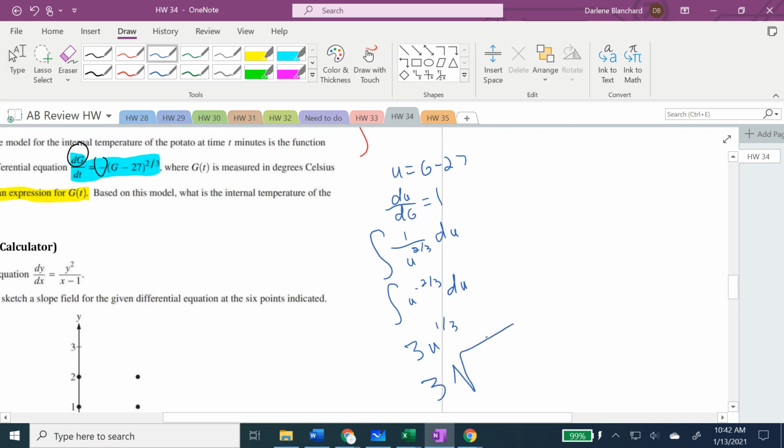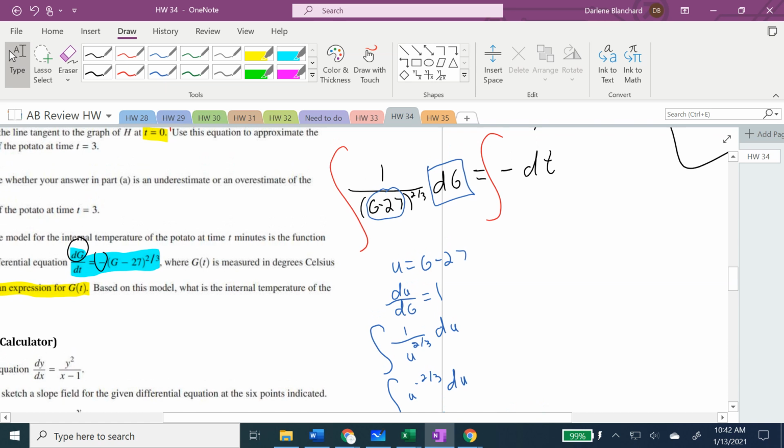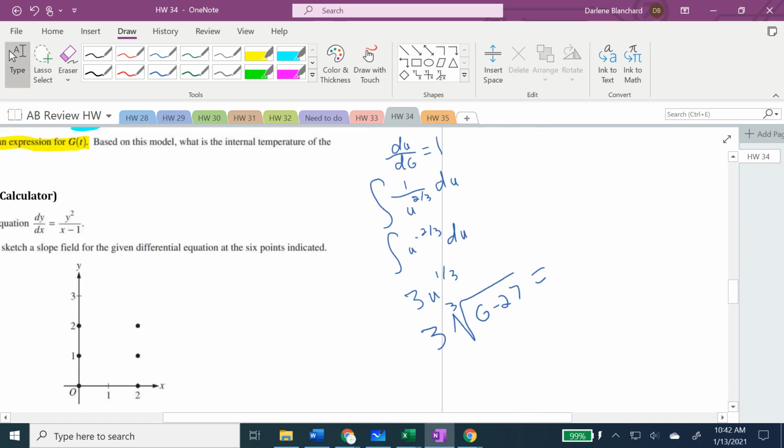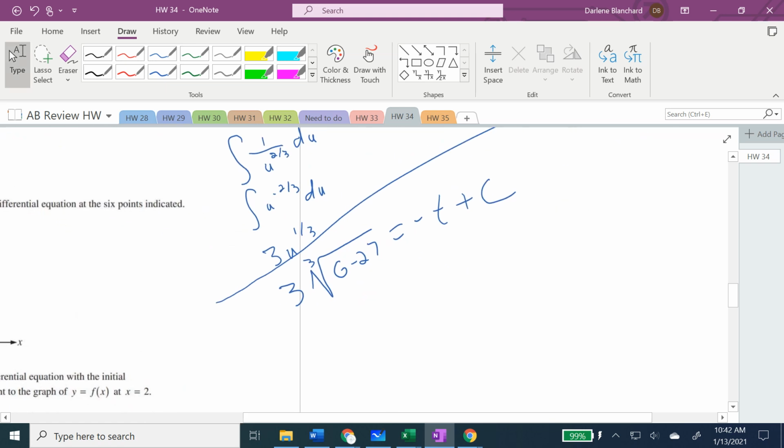I'm going to write it as a cube root. On the other side, you have negative 1 times dt, so the integral is negative t, and then throw a plus c on one of the two sides. So now this is what we're focused on right here. We need to isolate g, and we need to solve for our unknown constant.